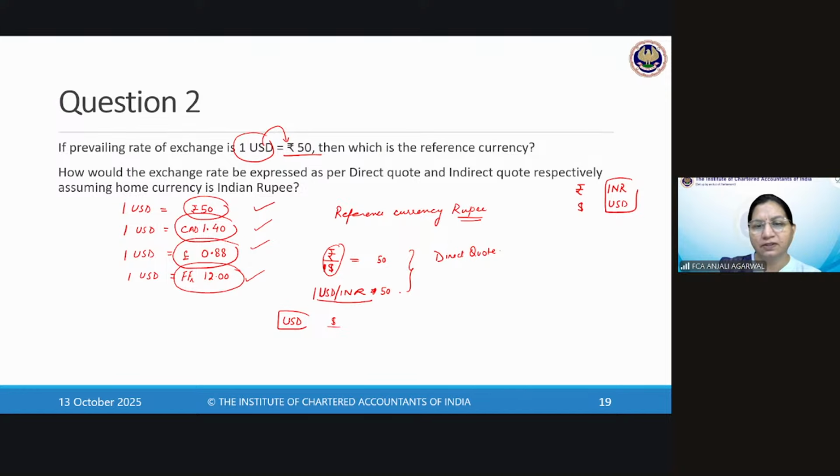The same thing could have been written as indirect code. Dollar rupee equivalent to 1 divided by 50, that's 0.02. And it could have been written as 1 INR, USD 0.02. Okay? Clear?